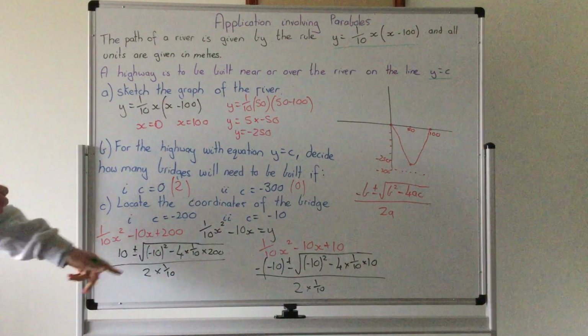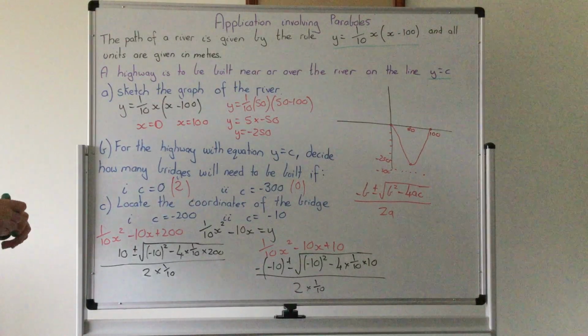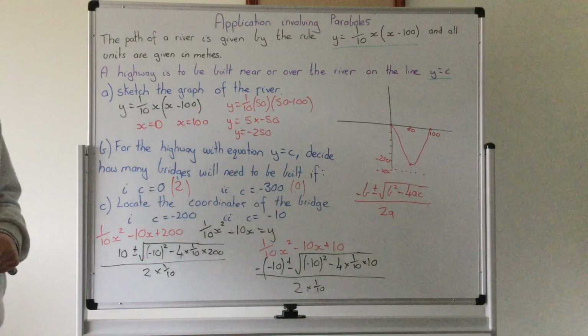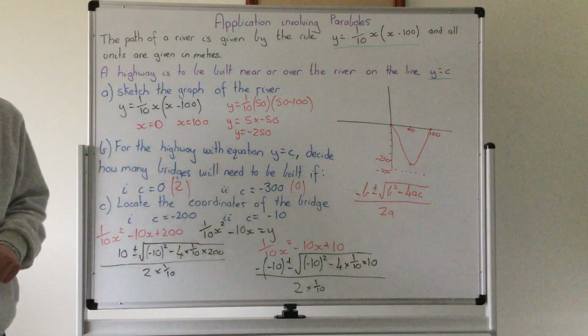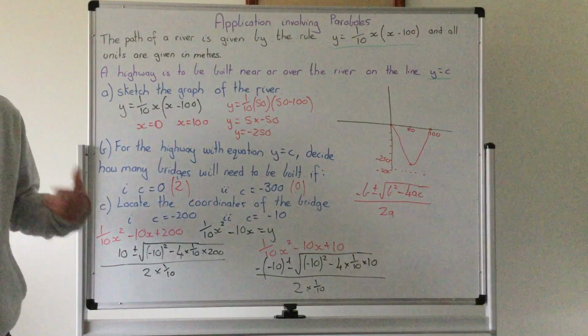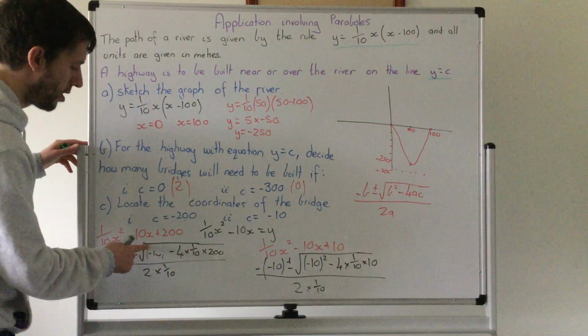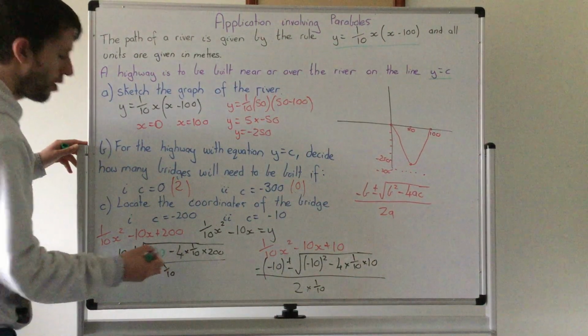Next thing I'm going to be thinking about is this here. If I have negative 10 squared, negative will be a positive, so 10 times 10 is 100. So I'm going to cross this out, take this out, and it's going to turn into 100.